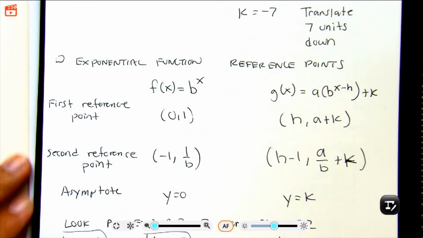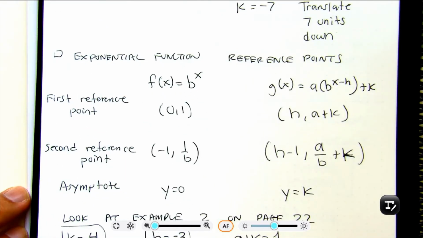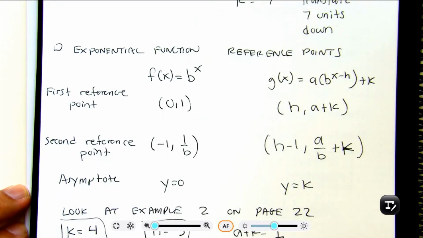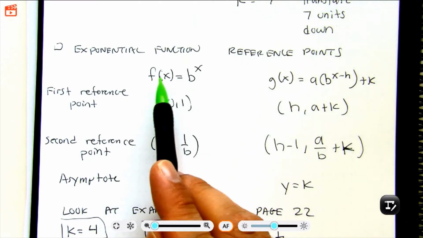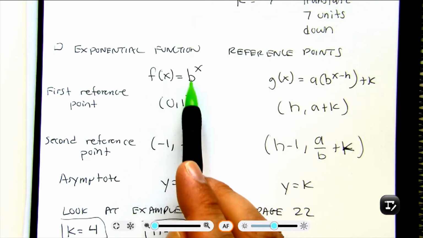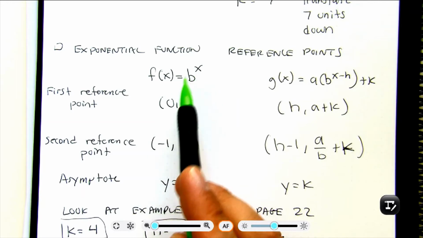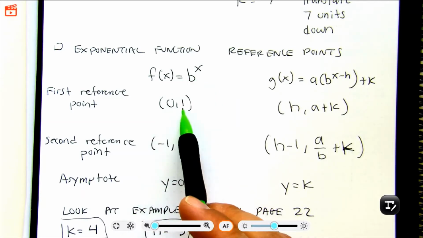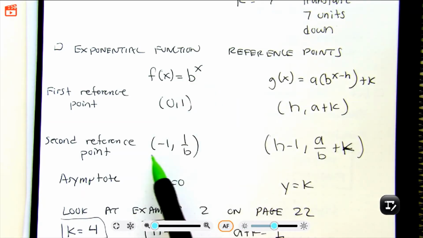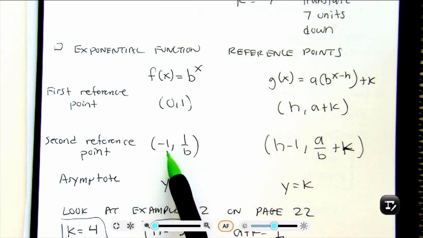So this is a parent function, f of x equals b to the x power. The first reference point is 0, 1. Second reference point is -1, comma 1 over b. And for the parent function, the asymptote is y equals 0.